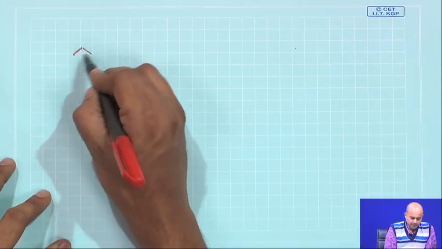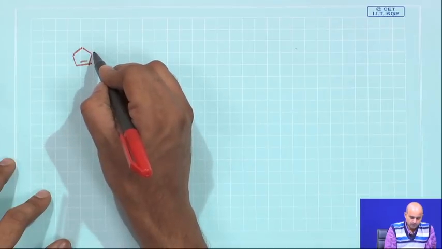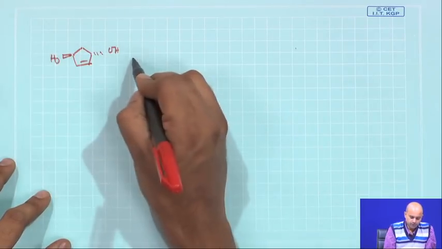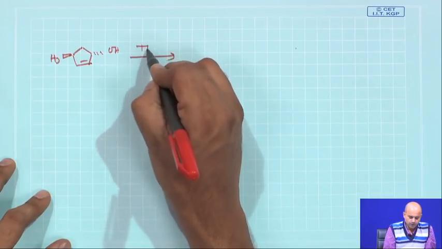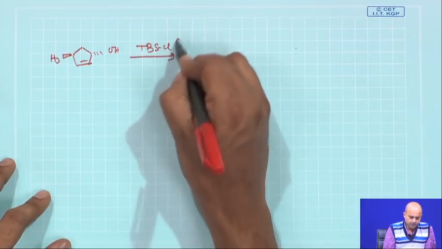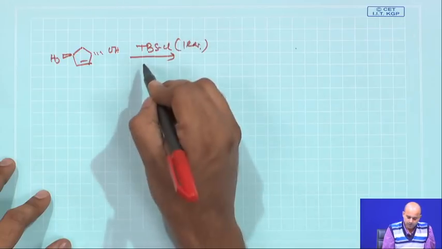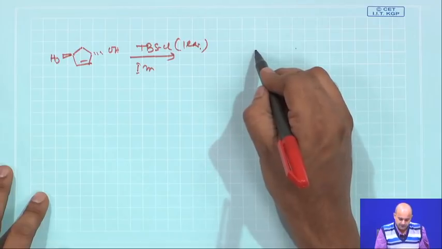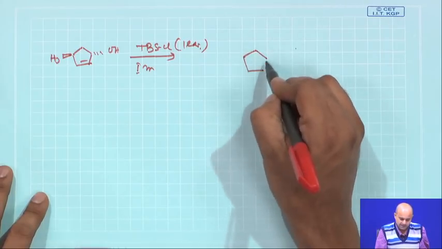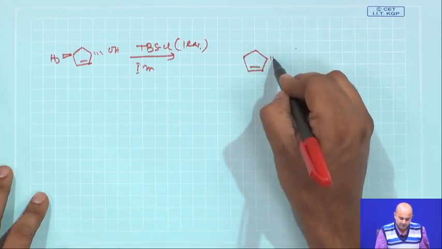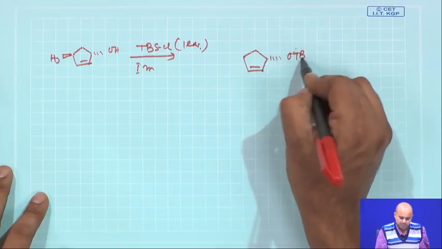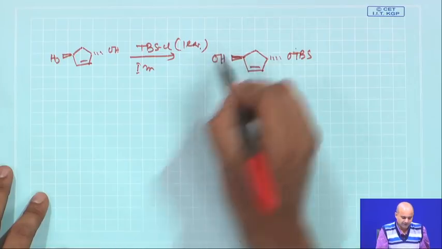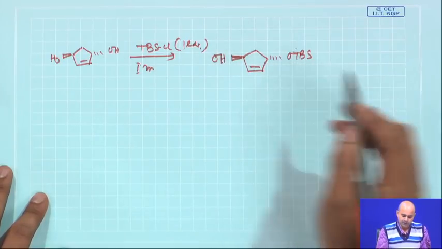So, now what we say, you have this starting material, this OH and this OH. You react with one equivalent of TBS chloride with imidazole. I say let us react initially. You might wonder which OH will be reacting. Say first the right hand OH is protected.